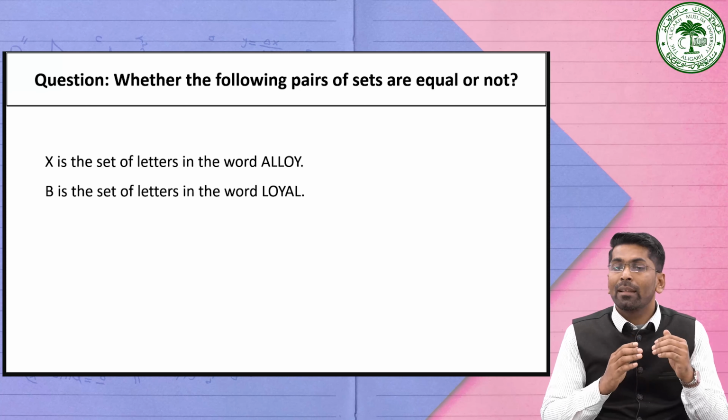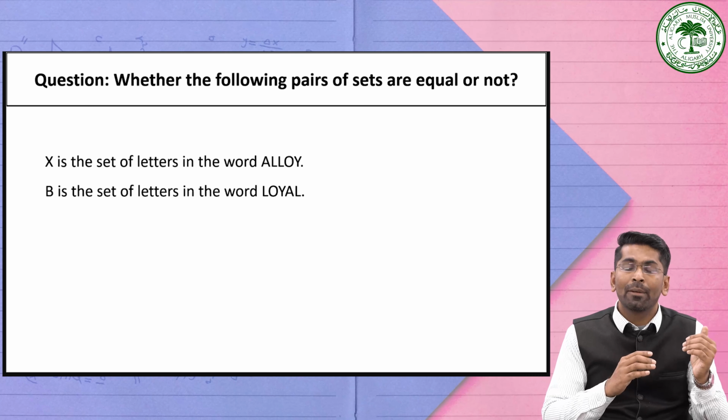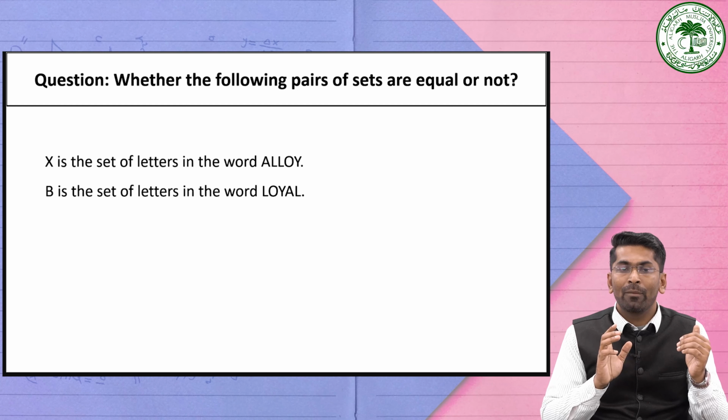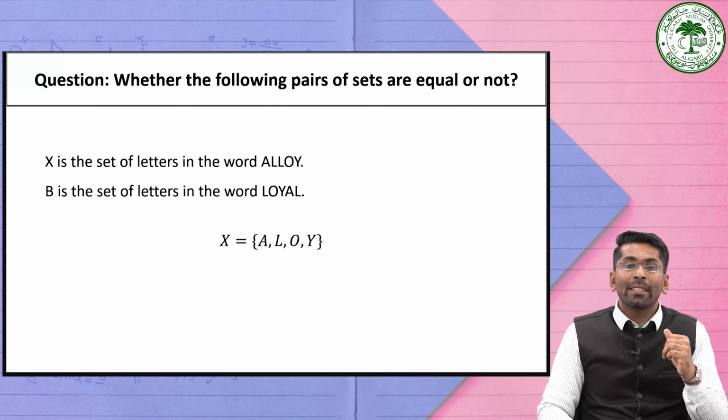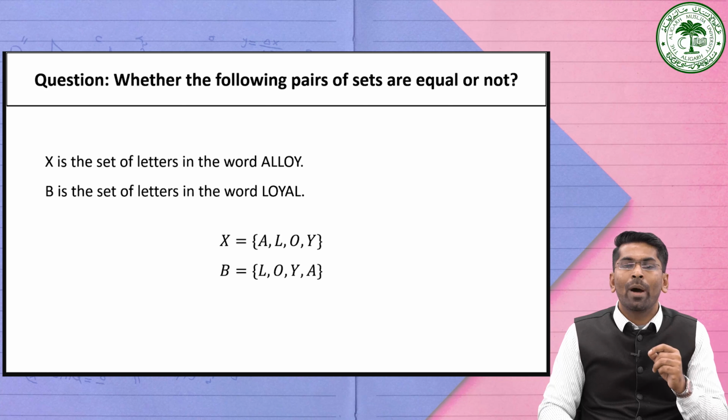Similarly, the letters in loyal are L-O-Y-A without considering the repetition. So we can write X as the set whose elements are A, L, O, Y. Set B is equal to {L, O, Y, A}.